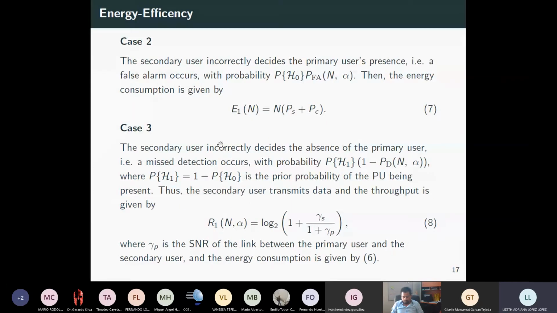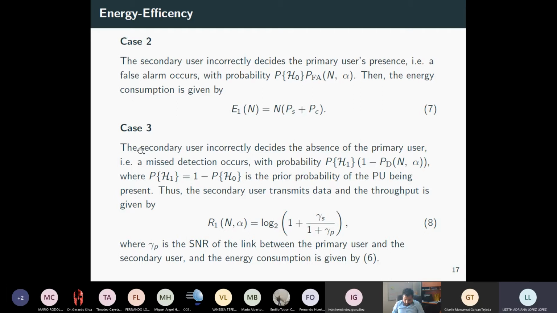And in case 2, this is when the secondary user incorrectly decides the primary user's presence. The secondary user does not transmit data. Then the energy consumption is given by this, and this is only the power used for sensing and the circuit power.